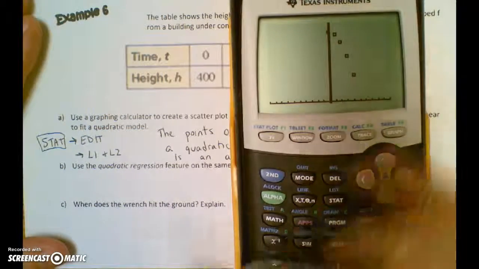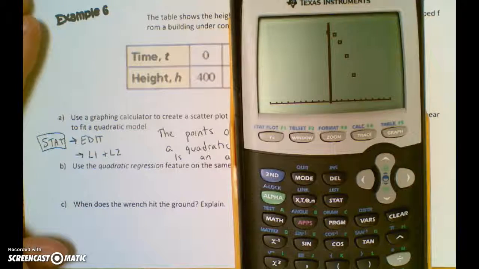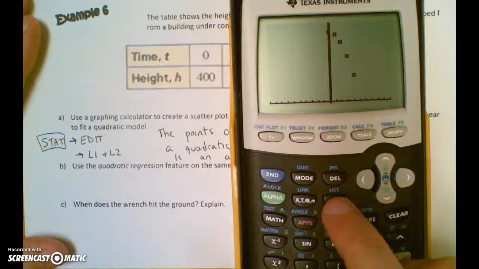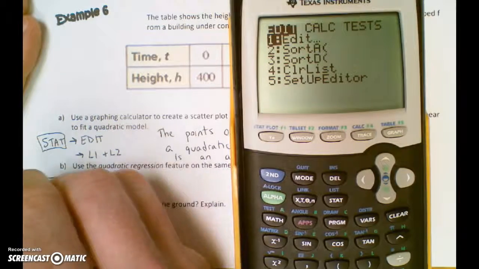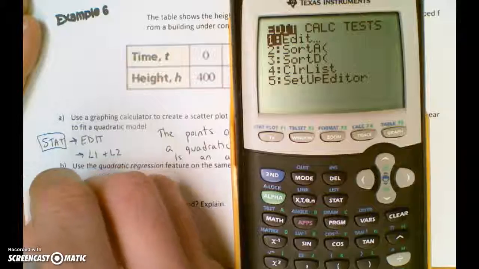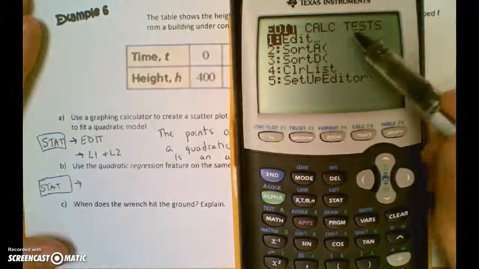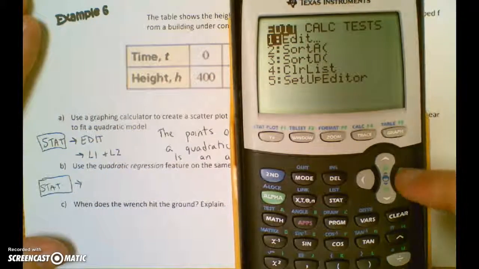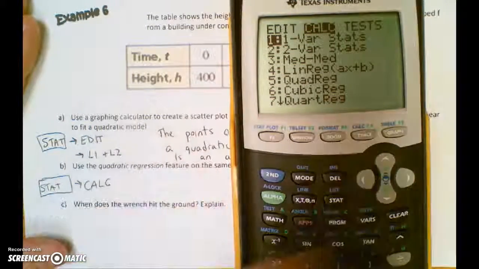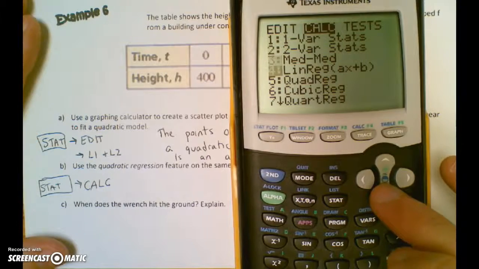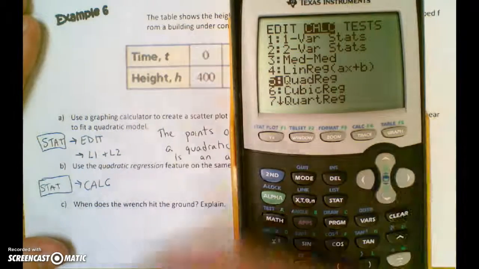So to get to the regression, you hit stat again, and it gives you that screen. And then this time, you're going to scroll over to the right to calculate. And we want the quadratic regression. So if you look at your choices, quadratic regression is number 5.